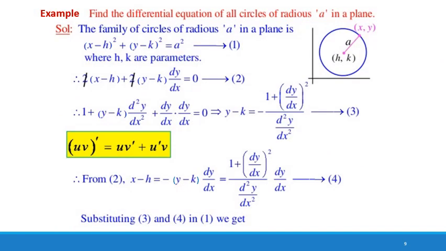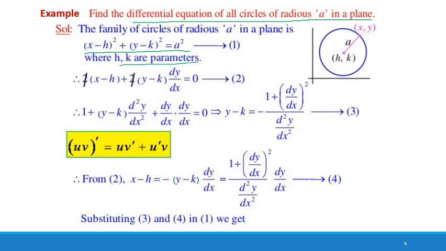In this example, we will find the differential equation for all circles of radius a in a plane. So first we will consider the equation of a circle, which is (x minus h) square plus (y minus k) square is equal to a square. Here h and k are parameters.